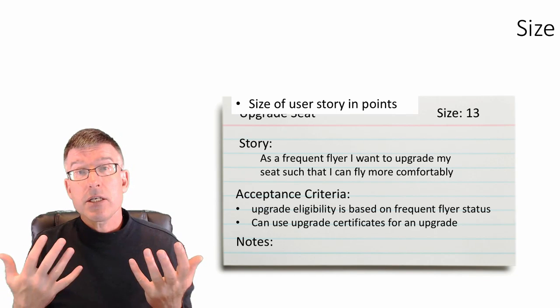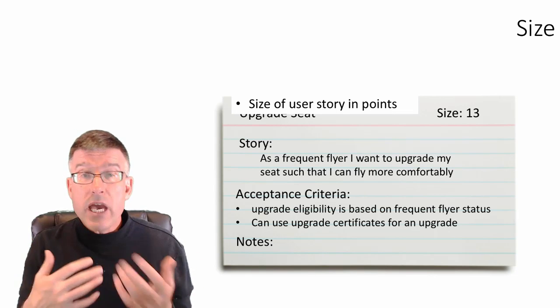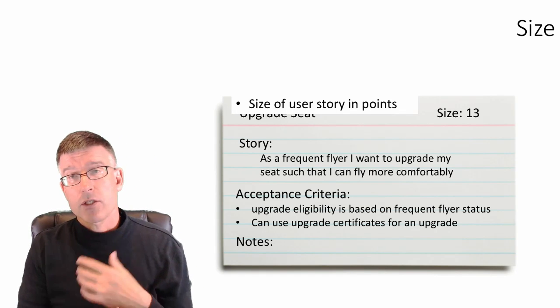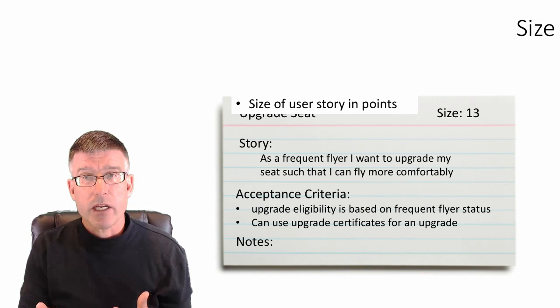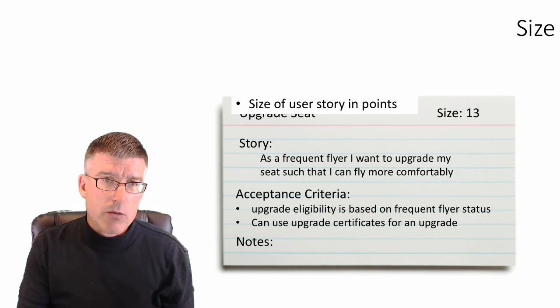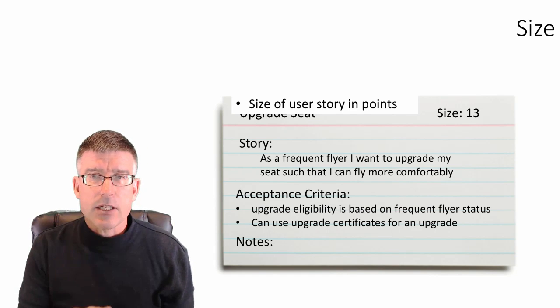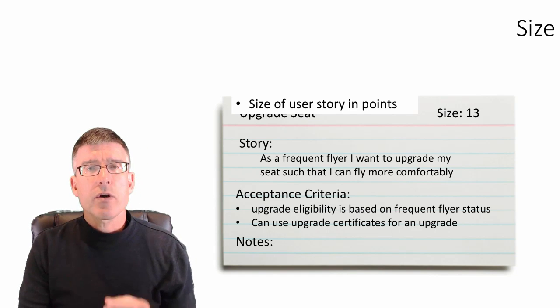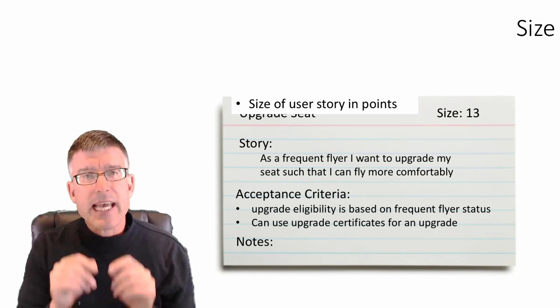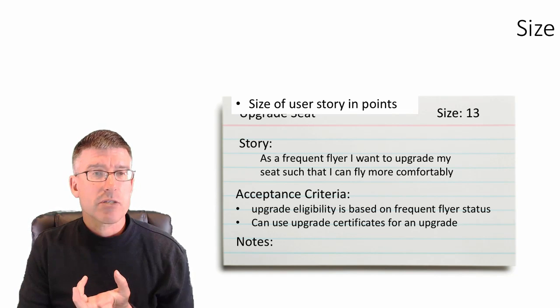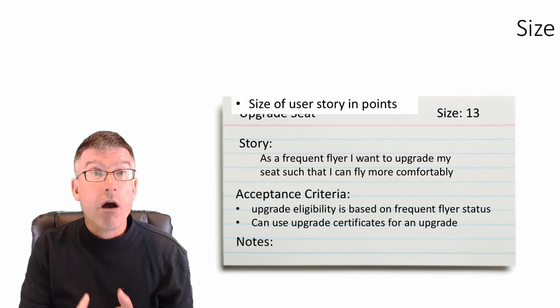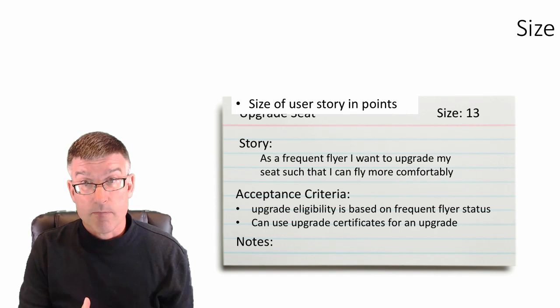The second is the size. Now, you may not know yet what story points are or have gone through the section on agile estimating. All that I'm going to say with respect to that is the size of the story is not precisely how much effort it's going to take. You typically are not going to see this expressed in hours, and I would strongly advise against it.